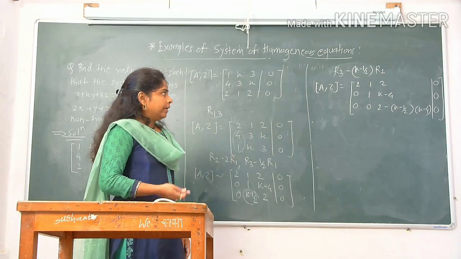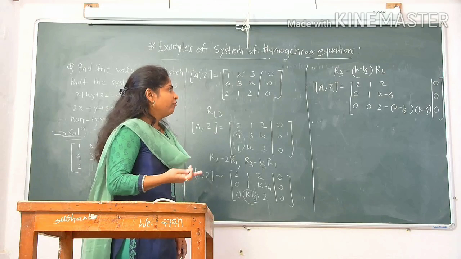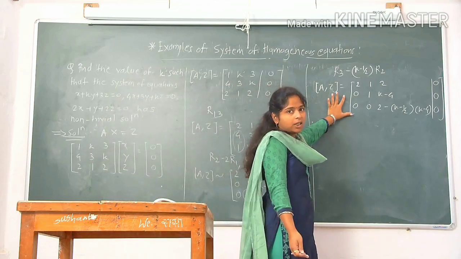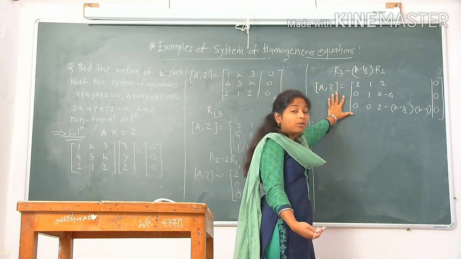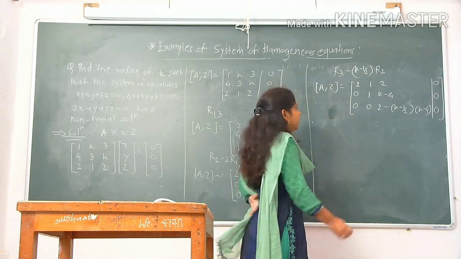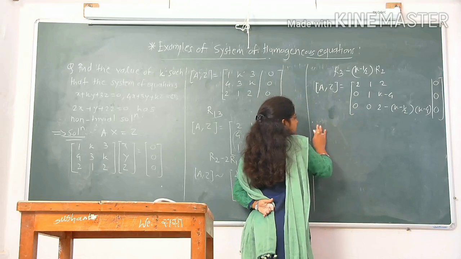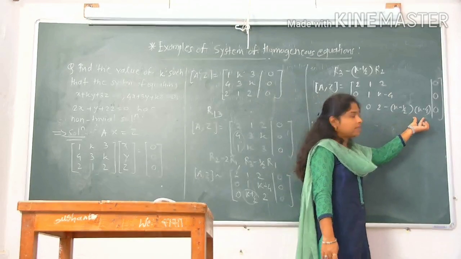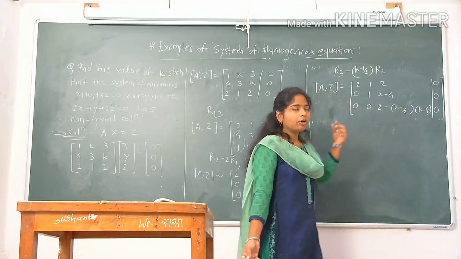Now let us see when this system has a trivial or non-trivial solution. Let us check what happens if 2 minus k minus half into k minus 4 is equal to 0.